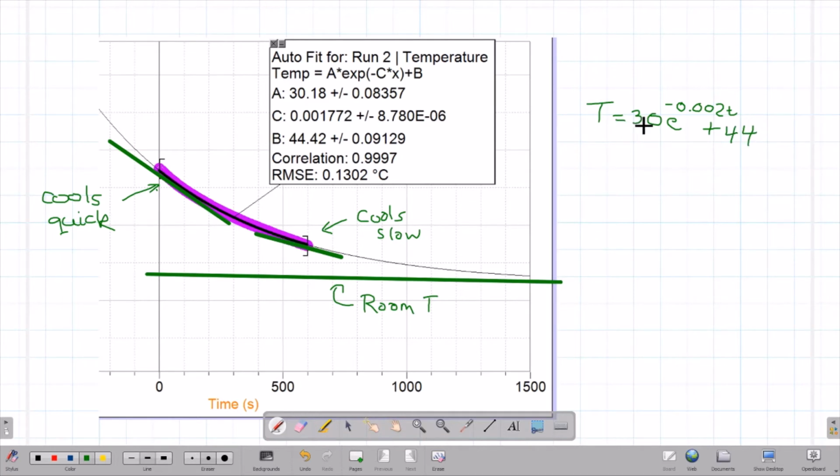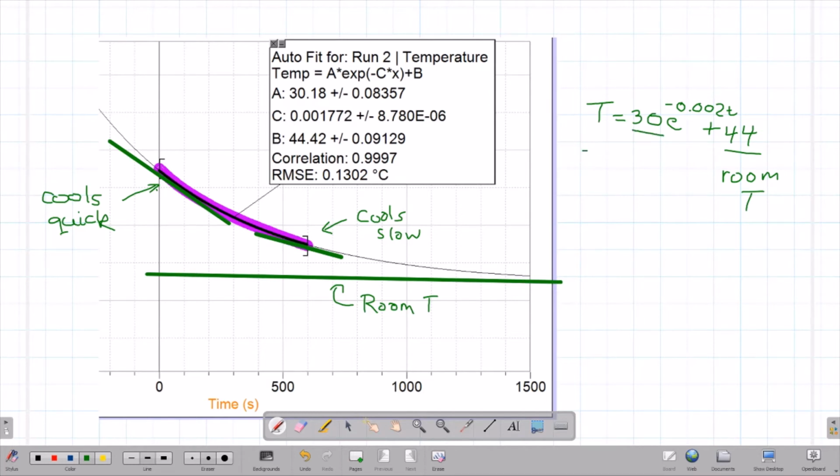So what do each of these numbers represent? Well, the 44 must be room temperature because this exponent is negative, and as t gets very large, then that number must go to 0. So the function will end up equaling 44 after a very long time. That's our slightly inaccurate room temperature.